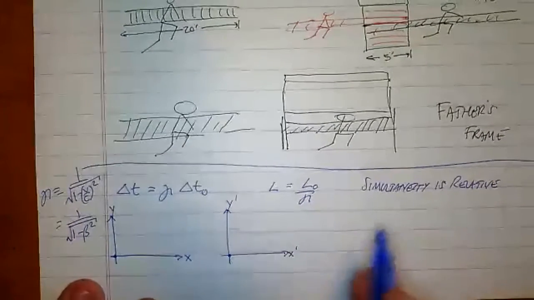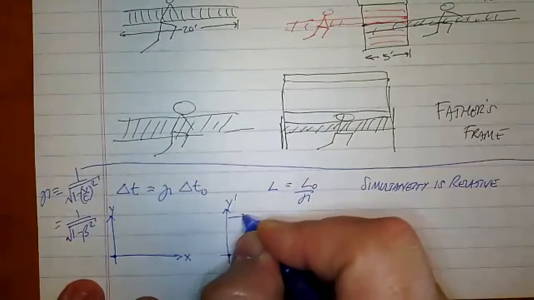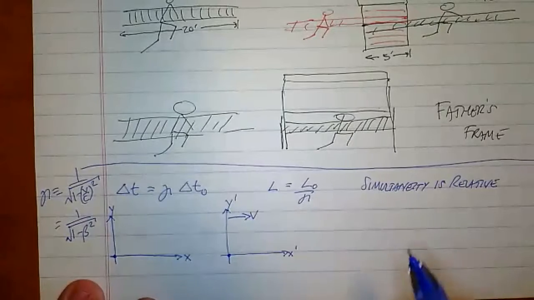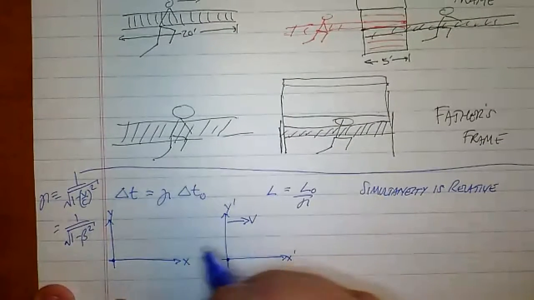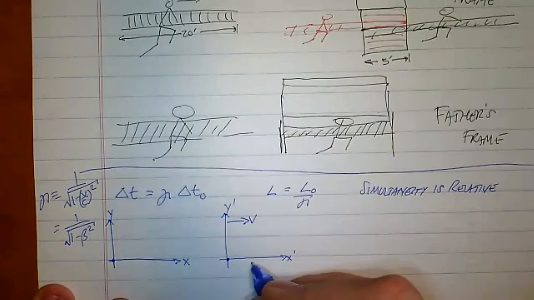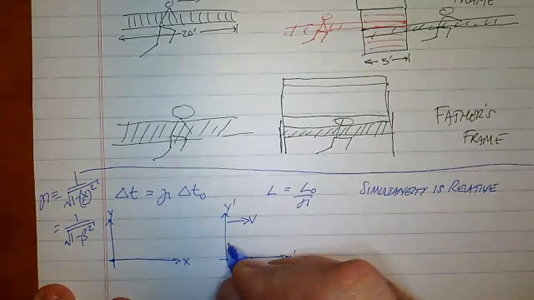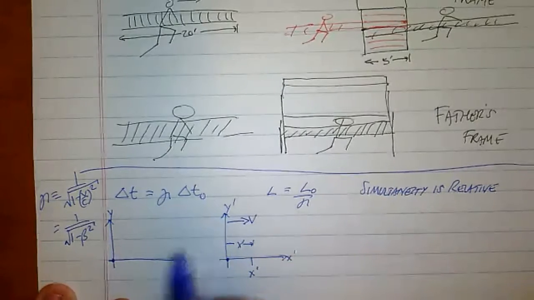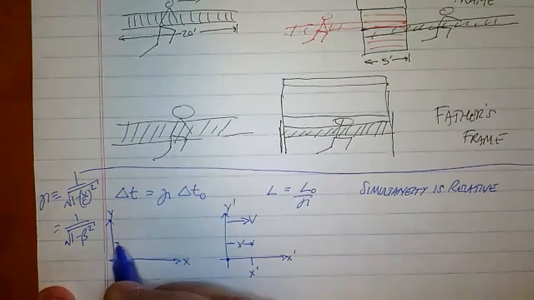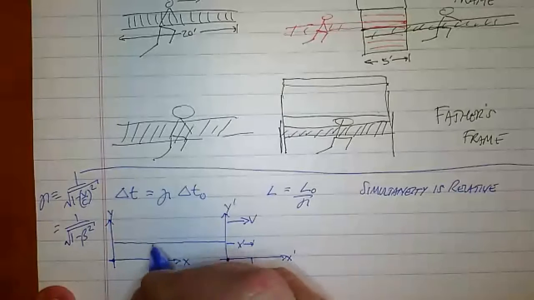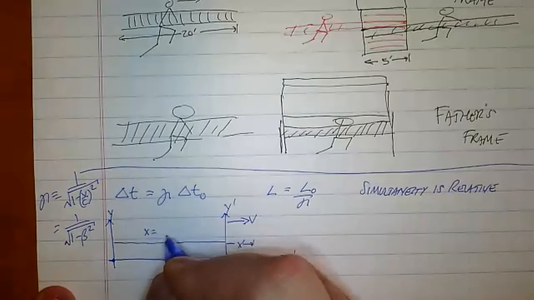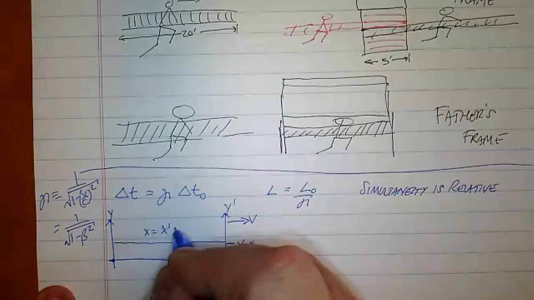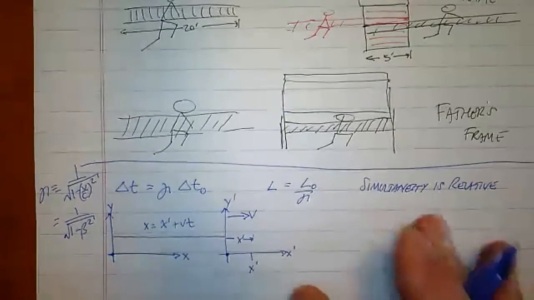Okay. So what you might say is this thing is moving with a velocity v. So that's the difference in the reference frame. So what this person calls x prime, which is this quantity right here, this frame is going to call x equal to x prime plus vt.